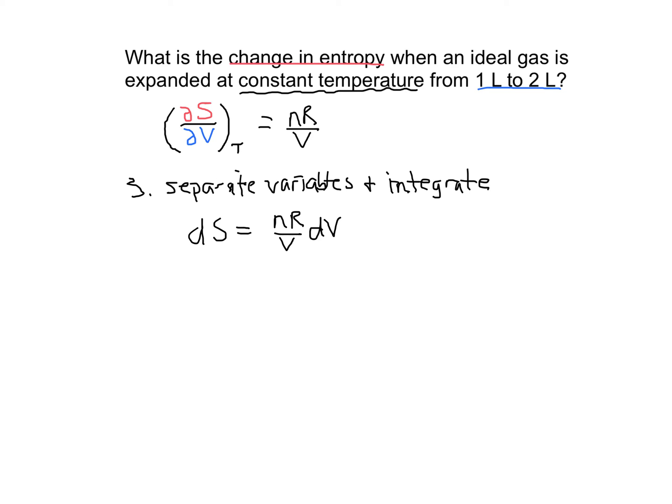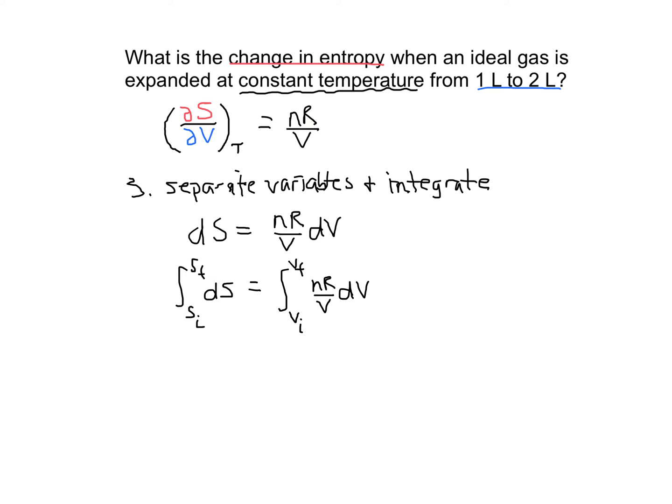And now I want to integrate from my initial state to my final state. And on the left-hand side, we're integrating over the entropy, so our limits have to do with the initial entropy and the final entropy. On the right-hand side, I'm integrating over volume, and so I need the initial volume and the final volume as my limits of integration, and I integrate nR over V dV.